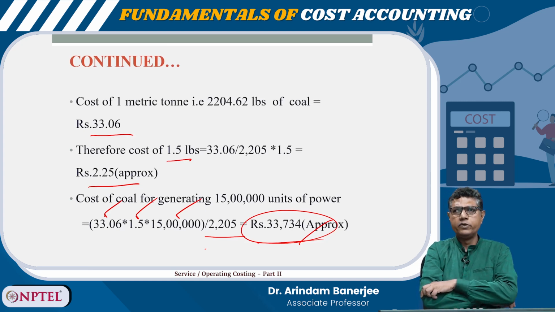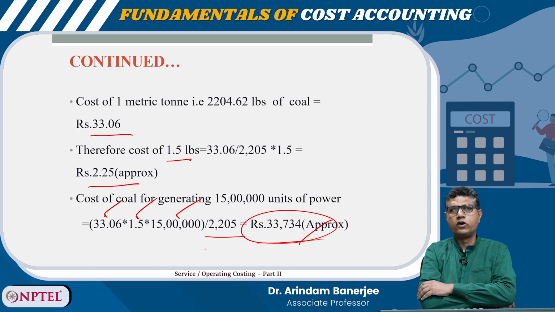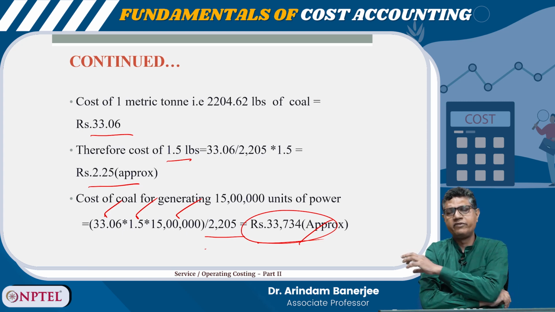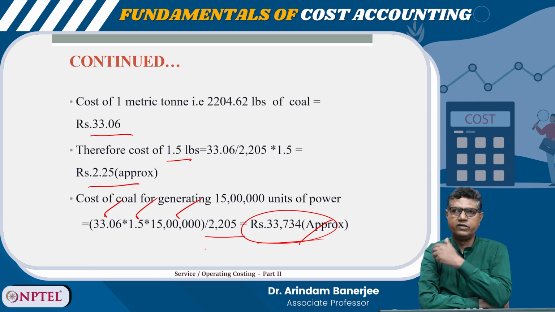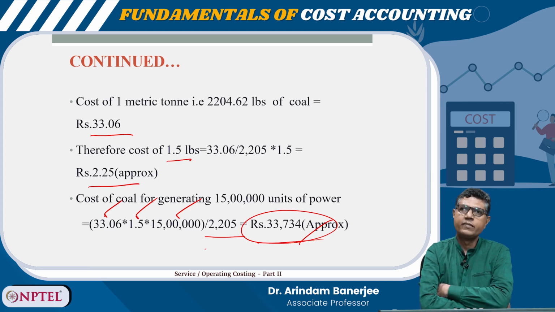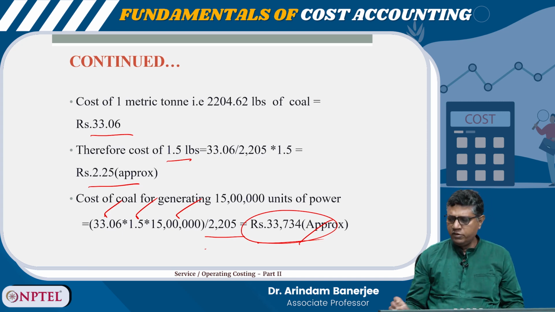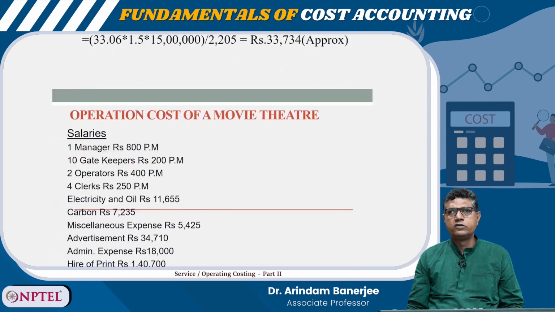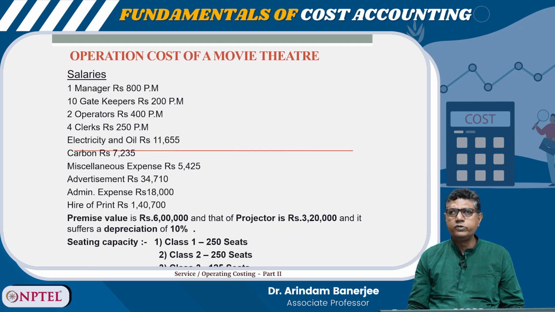So it can compute its per unit cost of power, right, by factoring in all the variable costs and the fixed cost which is incurred. Okay. Now, we discussed the transport company, we discussed the electricity producing company also. Now, what we will do? We will discuss the operation cost of a movie theater.